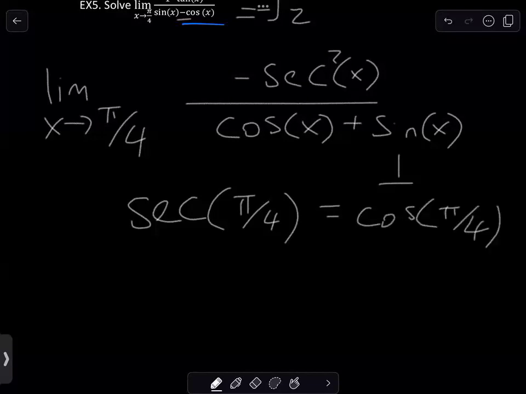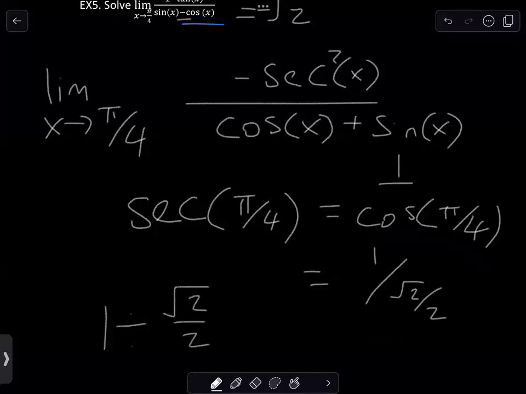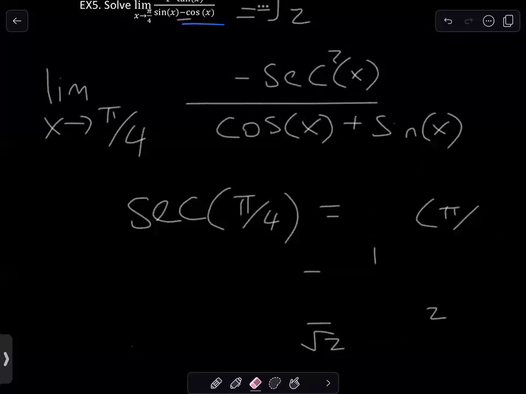And I know that cosine of pi/4 is √2/2. So secant of pi/4 is 1 over √2/2. I can rewrite that as 1 divided by √2/2. That would become 1 times 2 over √2. Okay, so we can see that secant pi/4 is going to be 2 over √2.